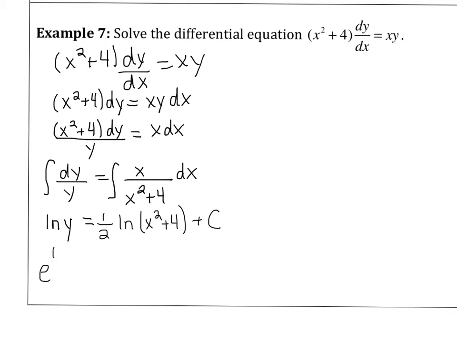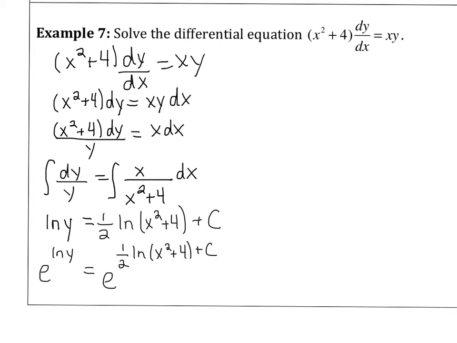E to the natural log of y equals e to the everything on the right-hand side, right? So it's basically e to the left equals e to the right. Notice, even that plus c is up in the exponent. Okay, and now what's the whole point of even doing this? Well, so that the e and the natural log cancel one another out. And on the left-hand side, we're good to go, right?